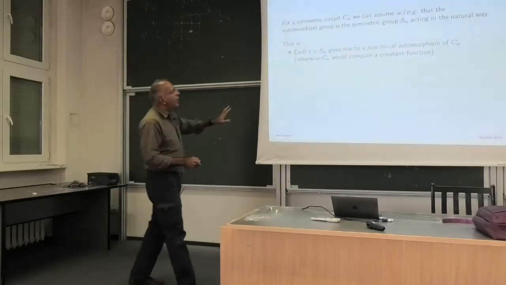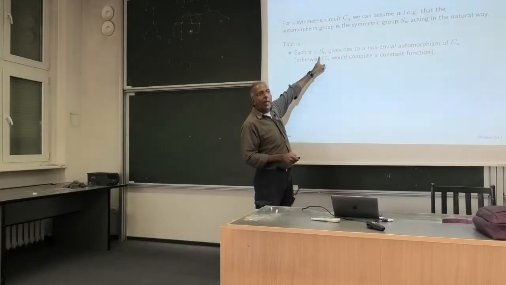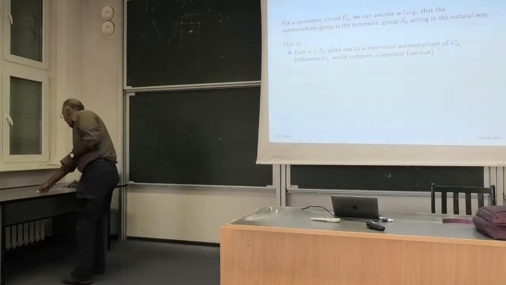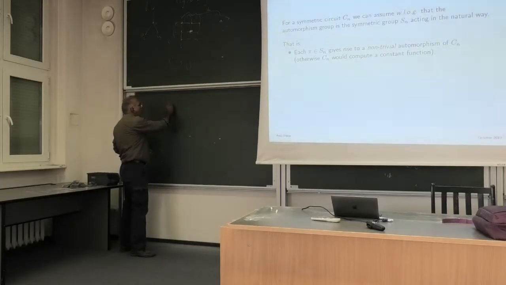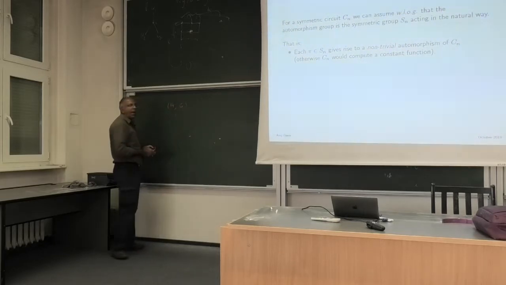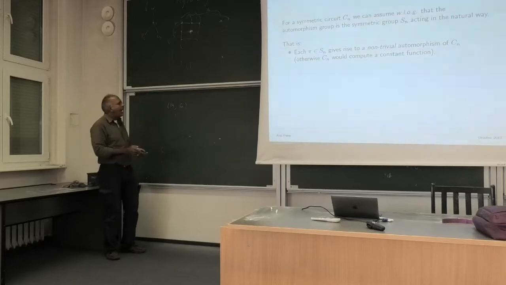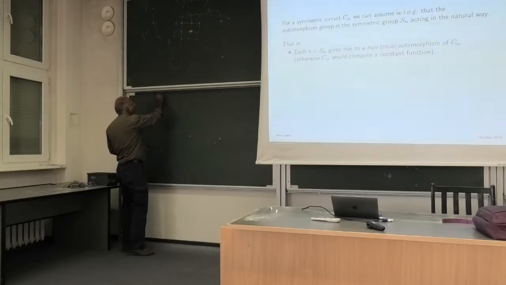Why can I assume this? Well, first of all, the first assumption is that every permutation in Sn gives rise to a non-trivial automorphism. If it doesn't, then there is some permutation which doesn't move anything in the circuit, and let's say that permutation moves x to y.